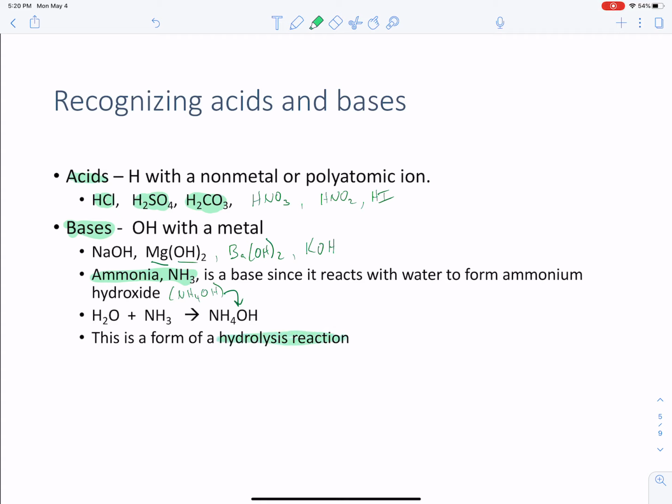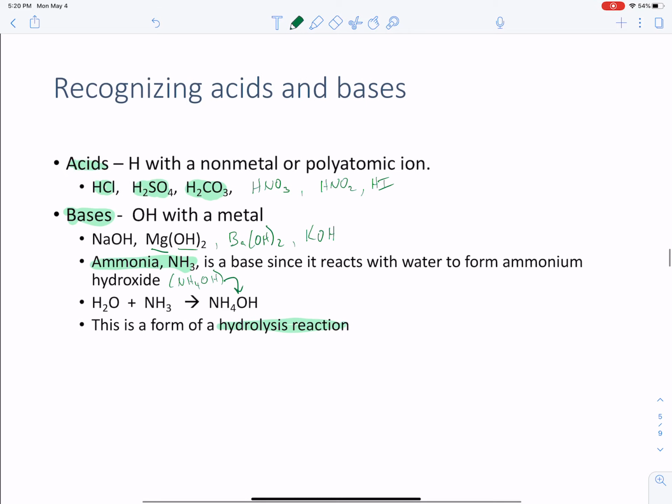That means it breaks water apart to form something else. Hydro as in water, lysis as in to cleave. So ammonia will react with water to form a base. So now that makes a little bit more sense. Where will we use ammonia? Oftentimes you use ammonia as a disinfectant, right? As a cleaner.